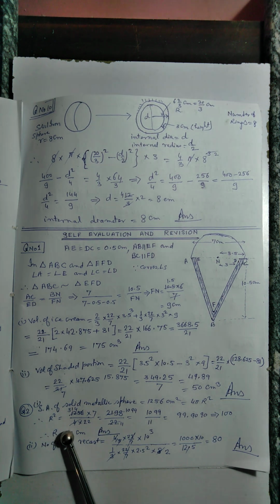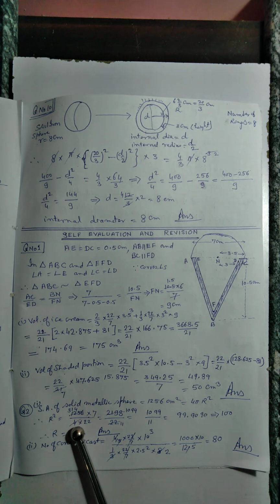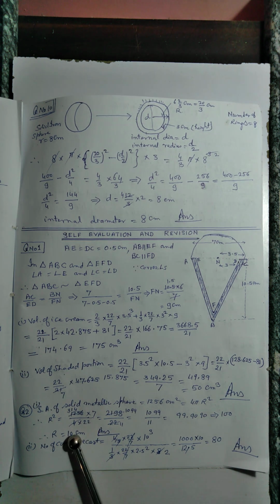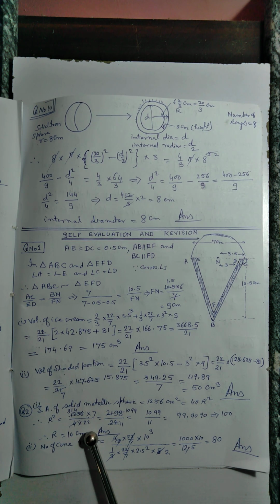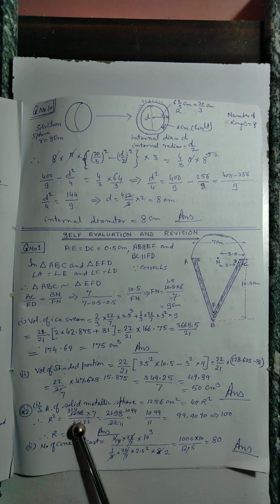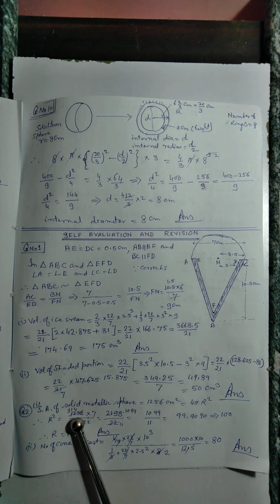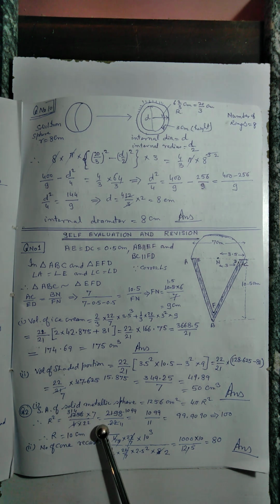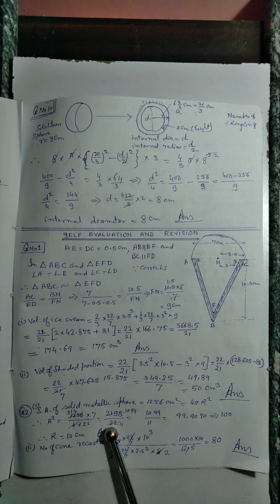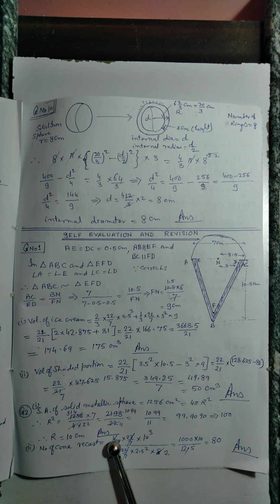So r square will be equal to 1256 into 7 upon 4 into 22. We divided this by 4. Now again 314 multiplied by 7, we got 2198 by 22.